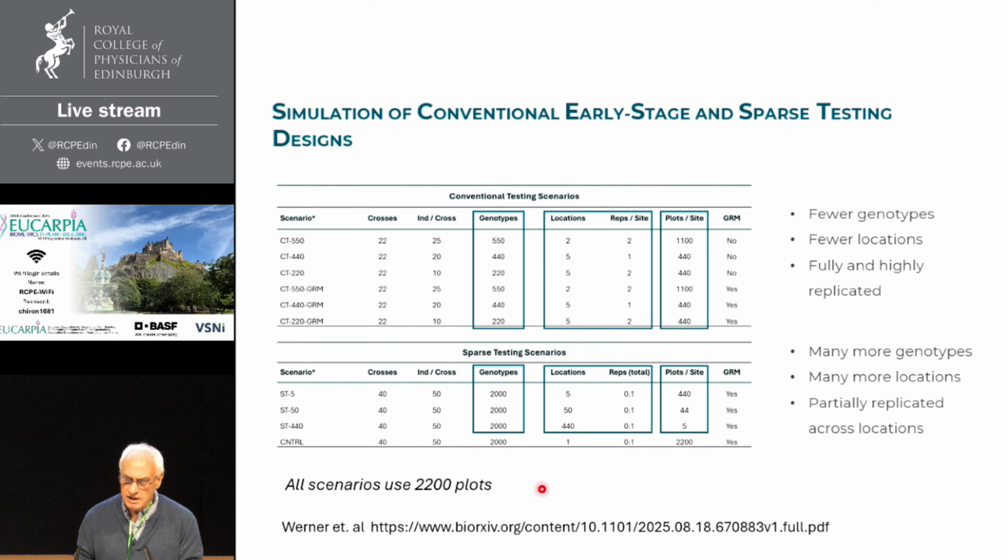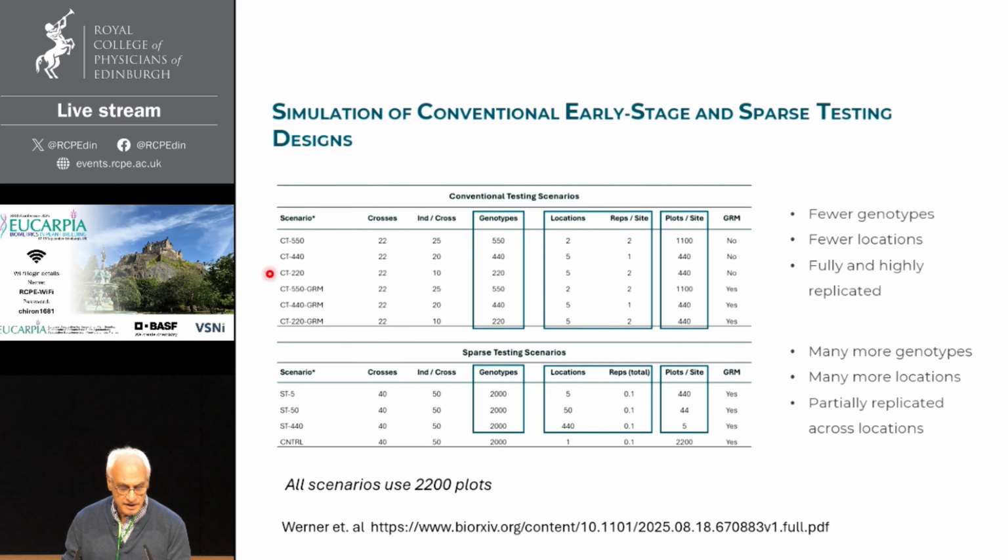And we settled on a series of simulations that tried to use equal testing resources. That's a little bit complicated to do, but each of the scenarios that Christian looked at involved allocating 2,200 plots to different combinations of selection candidates, locations, and replicates.